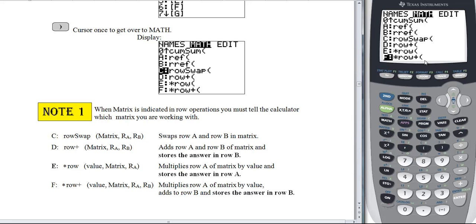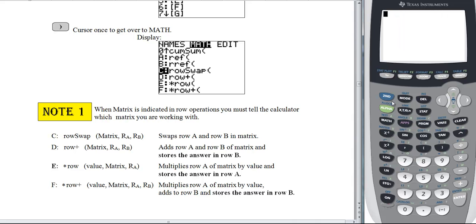So let me quit this just a second. Let me go get one of those matrices, which you should still have in there. I'll look at matrix A. Let's say I want to multiply row 1 by -3.